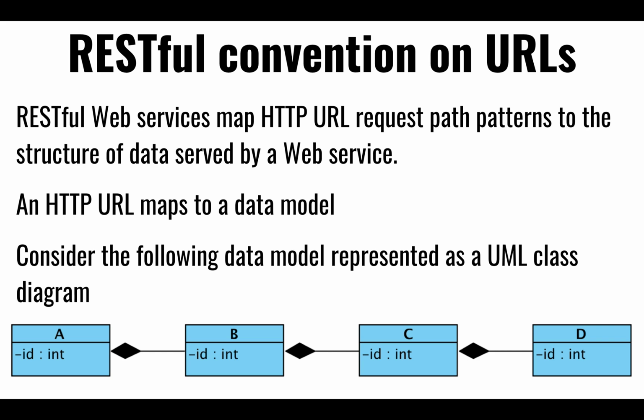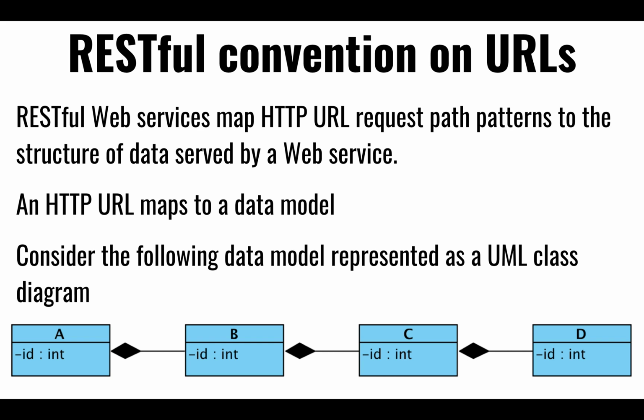All right. So beyond using these particular verbs for the different CRUD operations, RESTful services also establish a convention on how to deal with objects, and the data model that you are trying to expose or retrieve that is exposed by a server. Here is a generic set of classes that are related to one another in a one-to-many relationship across a data model.